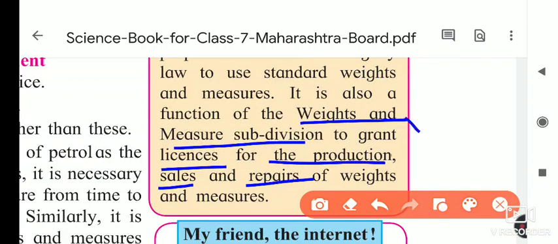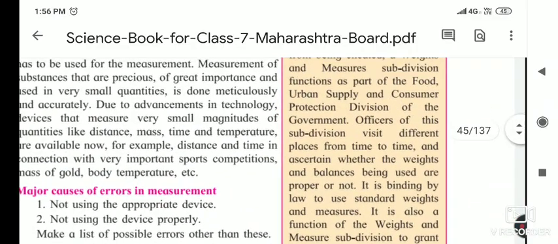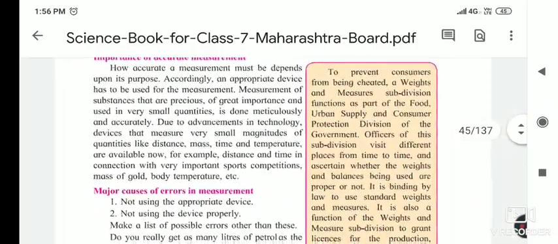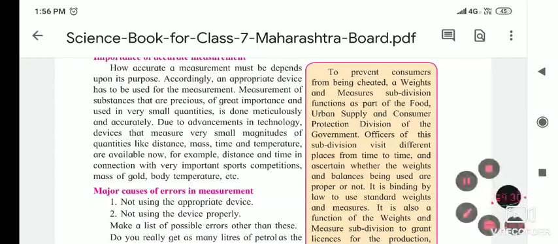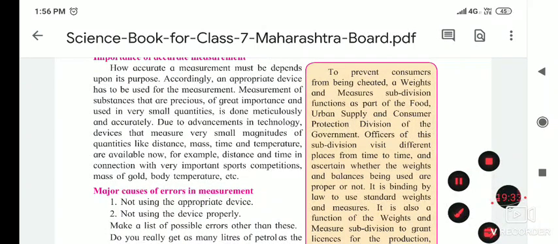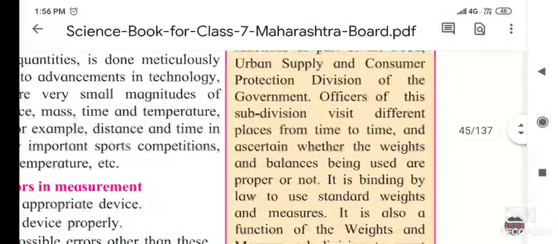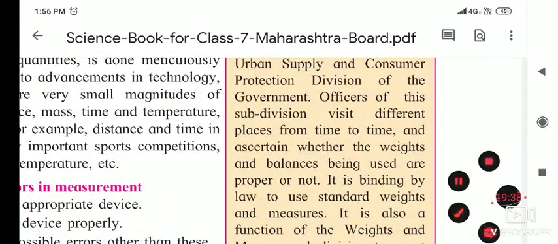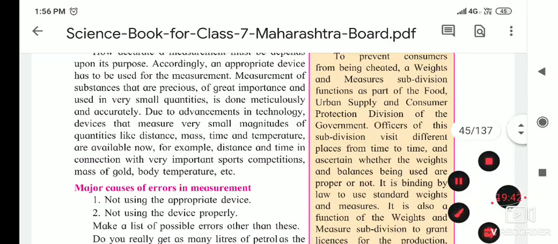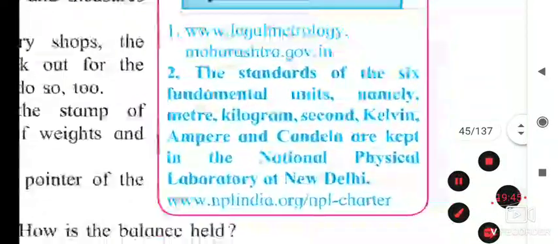If you have the license of this department, then only you have the right to sell things. The weights and measures department works in this field, visits different places, and if anyone is cheating, as I told you, they give different kinds of punishment, and imprisonment is also there.